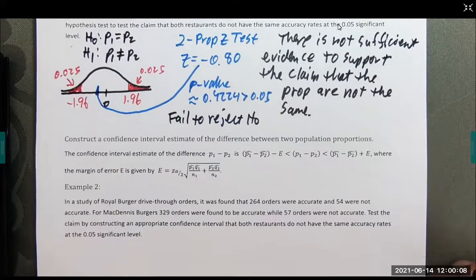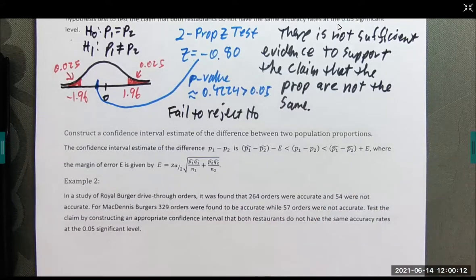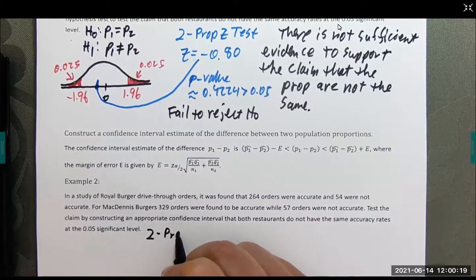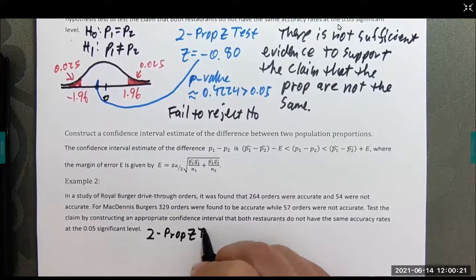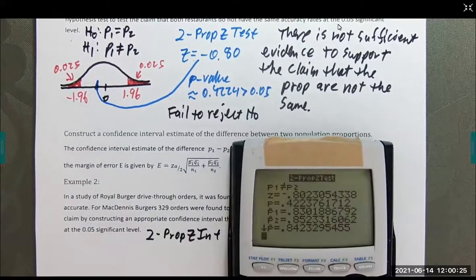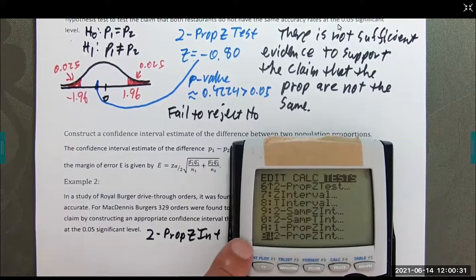Next up, we're going to do the same thing. It's the exact same scenario, except now we're looking for a confidence interval to confirm that. And what I'm going to run is a 2-prop Z interval. And I believe it saves all the same numbers in there for me. So let's find that: stat test, 2-prop Z interval right here.